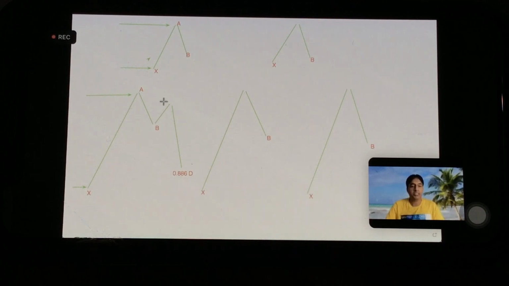But there is another possibility when it's 0.382 B point.